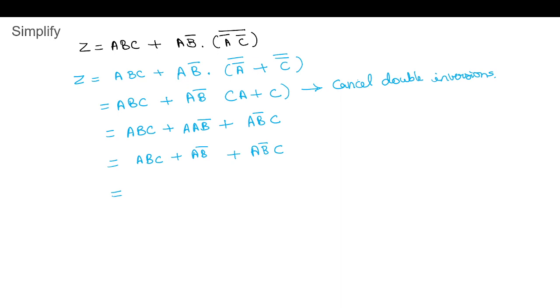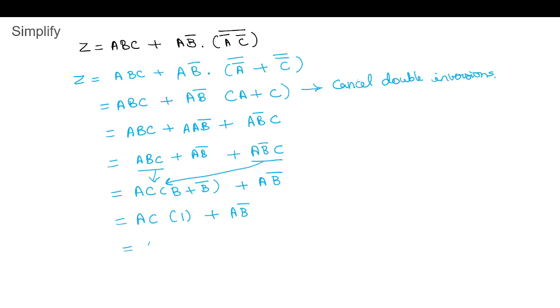Now we can take A as common and C as common from these two terms. Then B plus B complement, plus A B complement. This is AC into 1 plus AB complement.